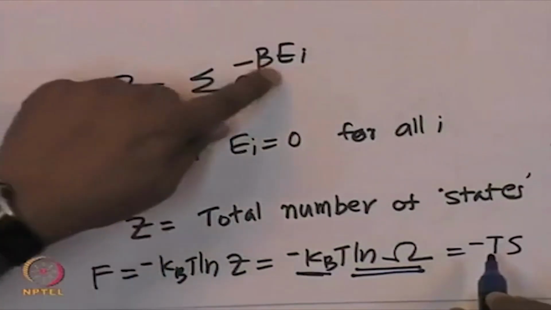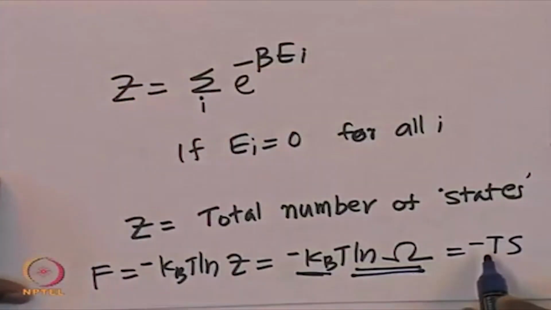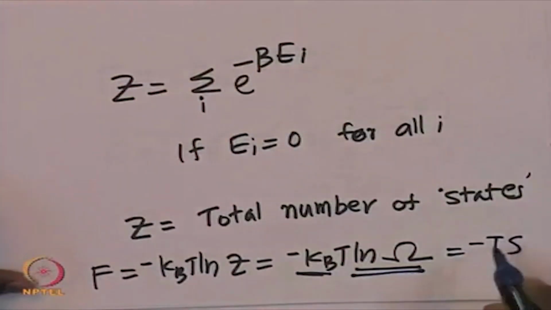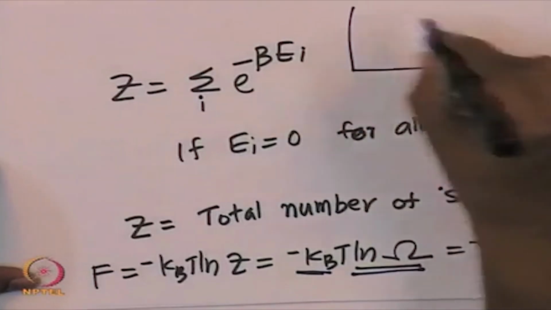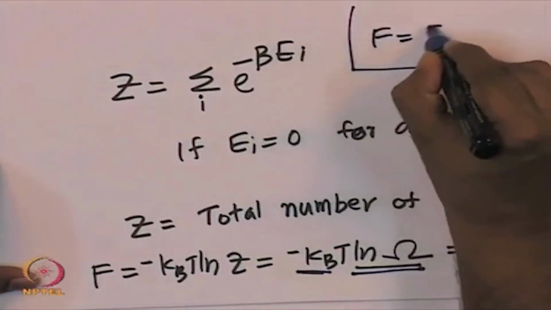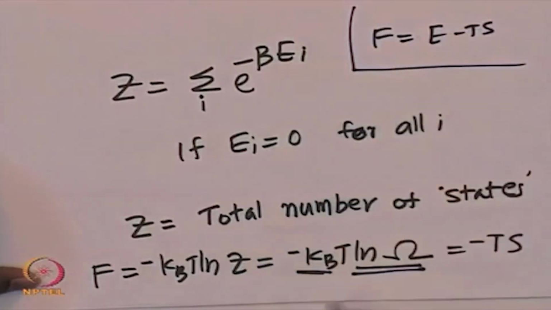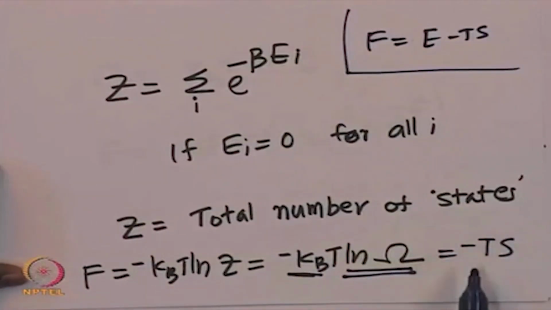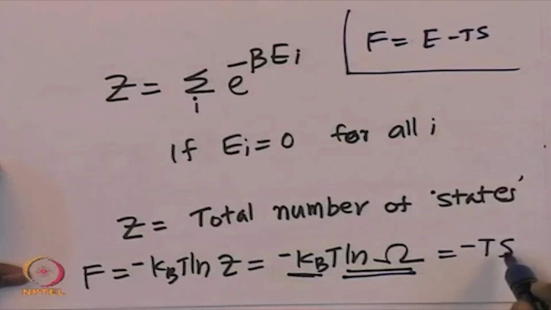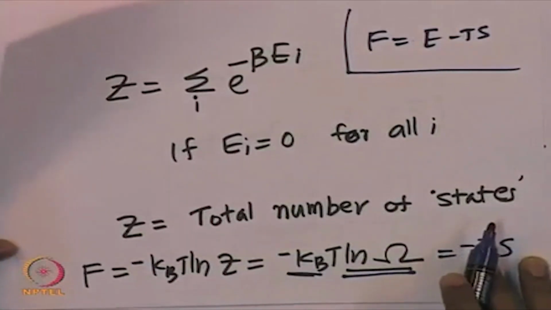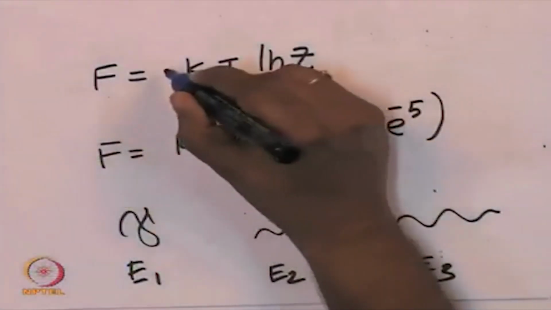So, when energy is 0, the free energy has to be minus TS, because we know that F is E minus TS. We learned that F is E minus TS. So, when E is 0, the free energy has to be minus TS, and we got minus TS. So, we just have to say that free energy has a minus sign here.